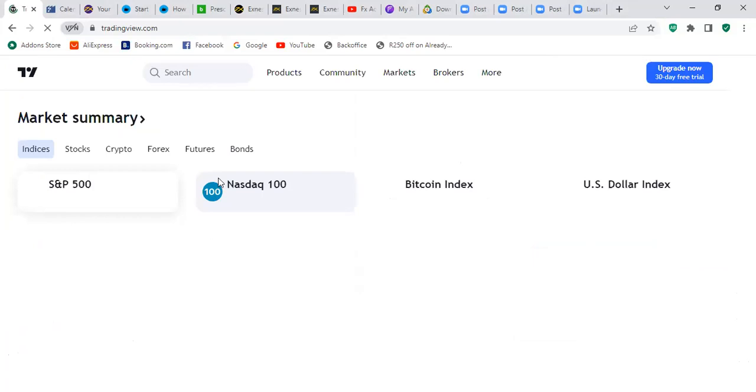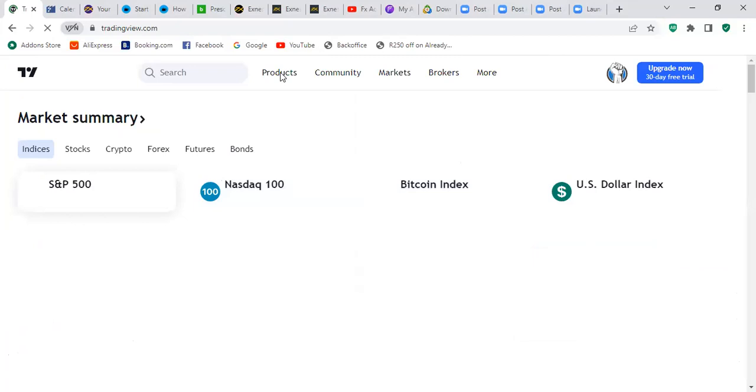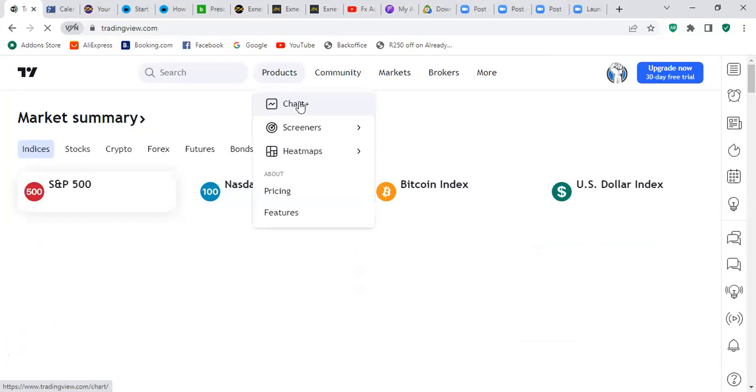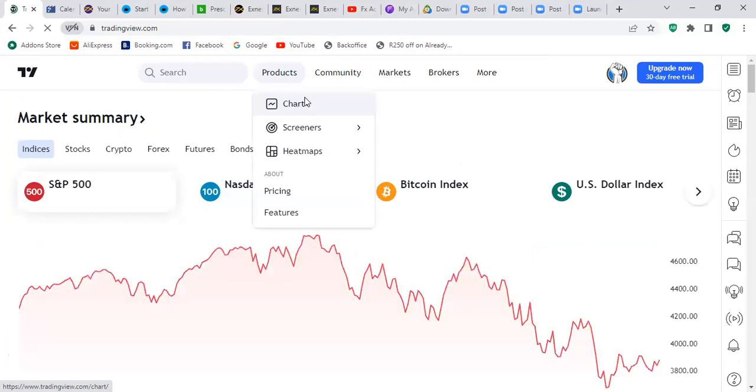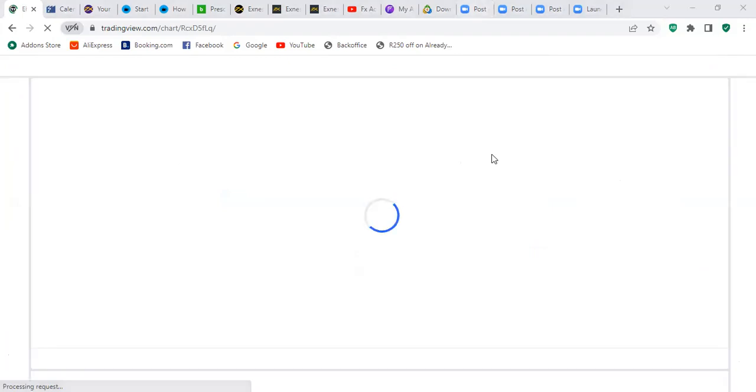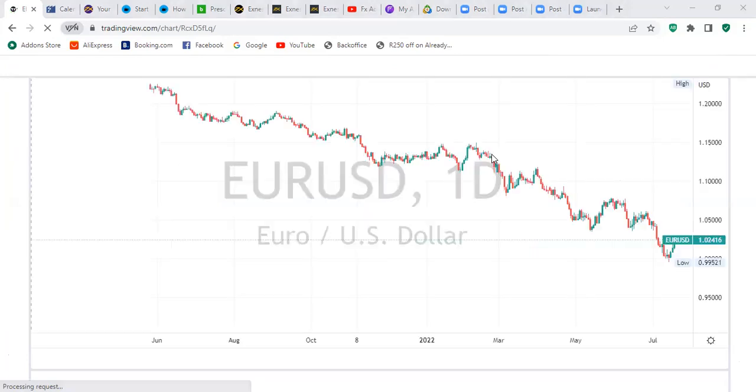Once you come to this page, you go under products, and then you select charts. It will now open like this.